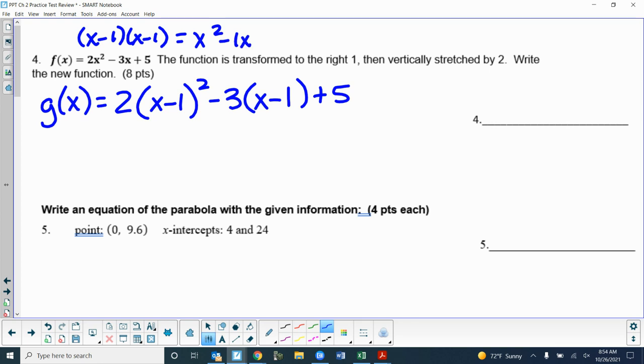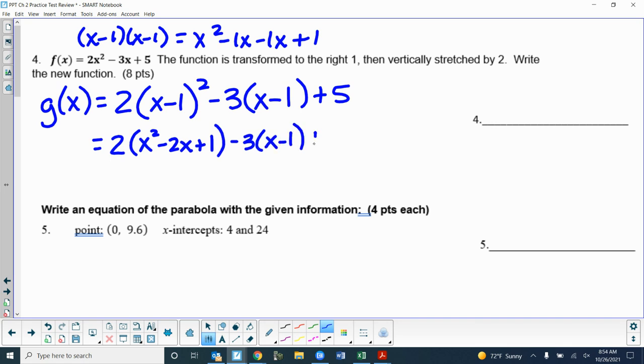Inside, negative 1 times x. Last, negative 1 times negative 1. Okay? So if I write that out simplified, that's x squared minus 2x plus 1. That's the only thing I did right now.